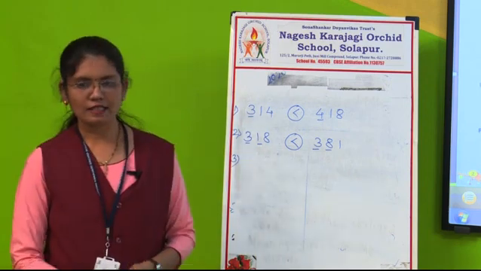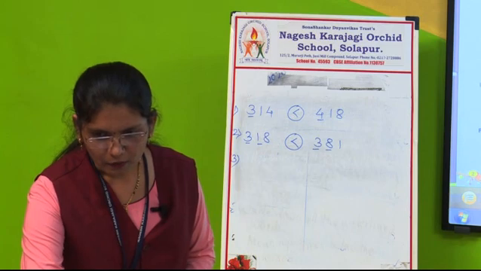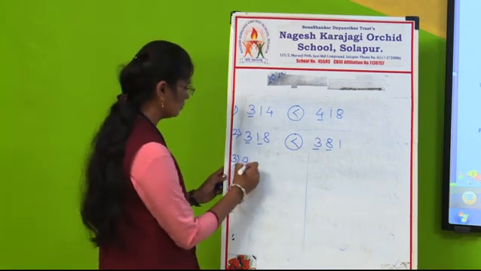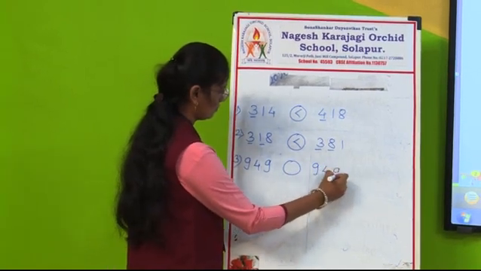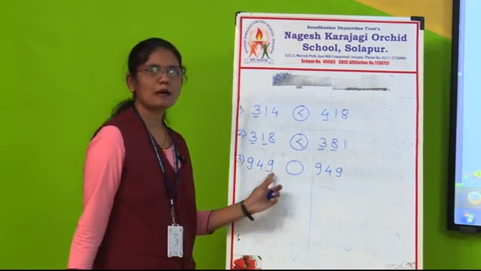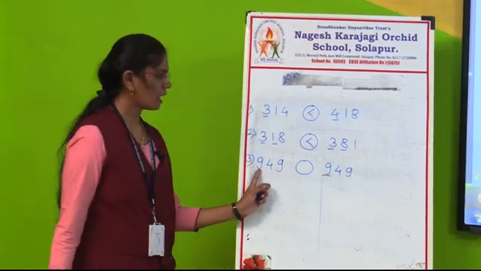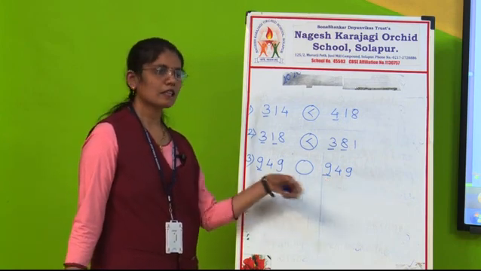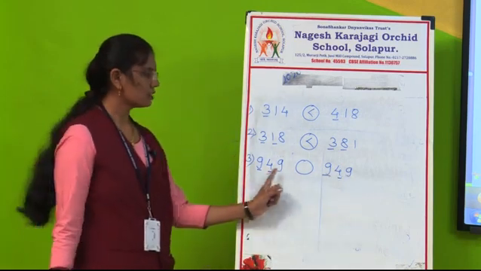Now see the last example, 949 and 949. Okay, now see this example. See the first digit, as I told you, 9 and here also 9 is there, means both the digits are equal. Then go to the next digit, 4, 4, again both the digits are equal.